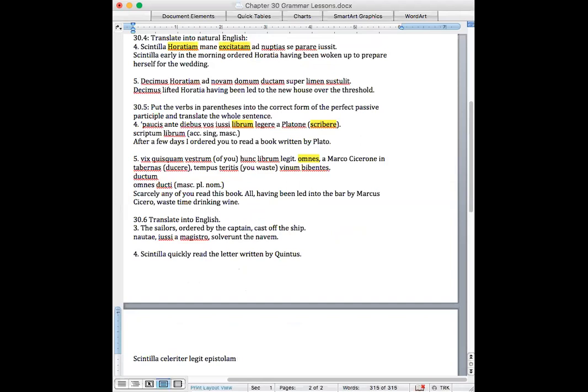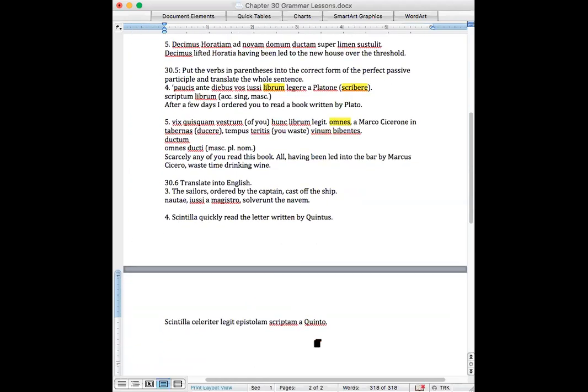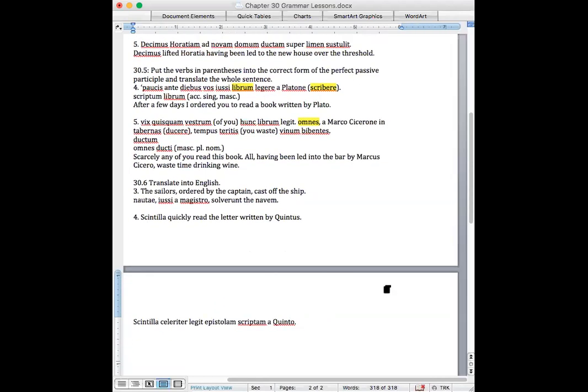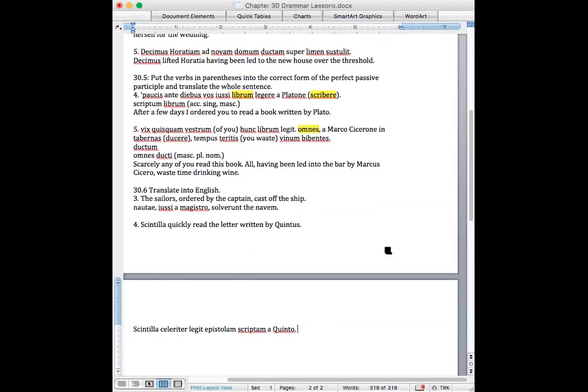So written, we're going back to wherever it was up above, scriptum. So this will be scriptum to agree with epistulam. And then you've got another person. So we've got Quintus. So Quinto. Remember, you're going to use ab if the word that comes next is going to start with a vowel. So Scintilla quickly read the letter written by Quintus, or the letter having been written by Quintus.